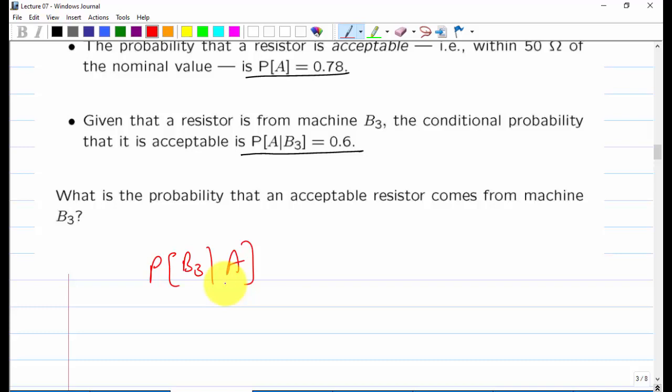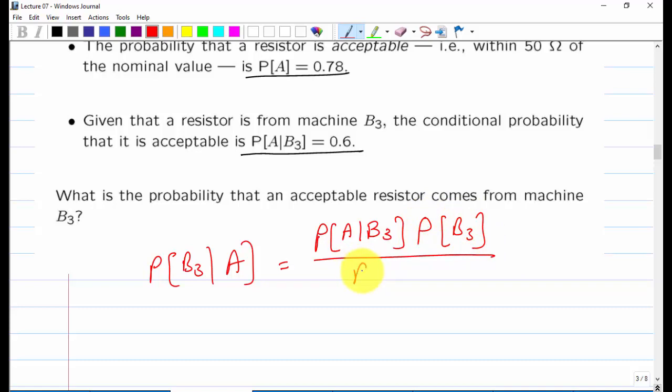According to the Bayes theorem, we need the probability of acceptable resistor given machine B3, the probability of B3, and the probability of A.